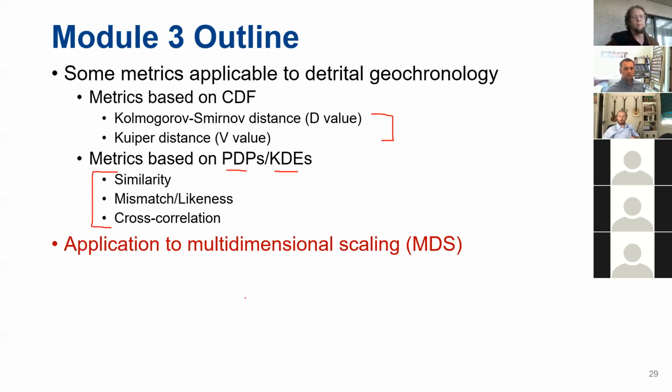Dissimilarity is a technically more accurate way of describing these metrics than similarity, because you're looking at the deviation one from the other. But bear in mind that dissimilarity is simply the complement of similarity. So to define one is to define the other. And as you can tell, I use the terms a little bit loosely. All right, thank you. Yep.